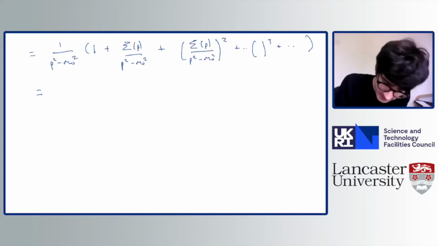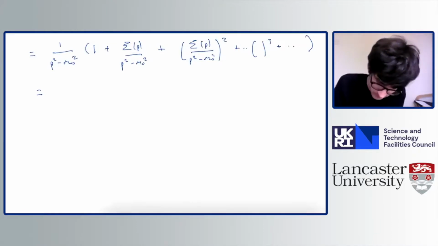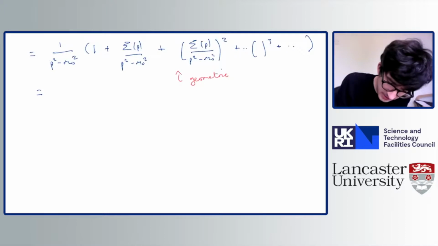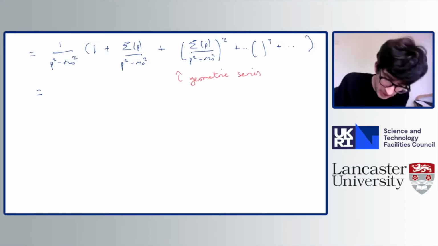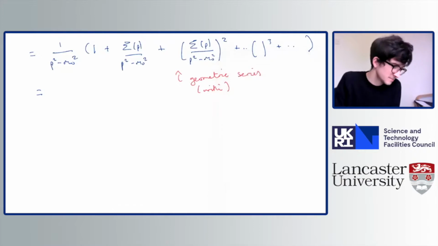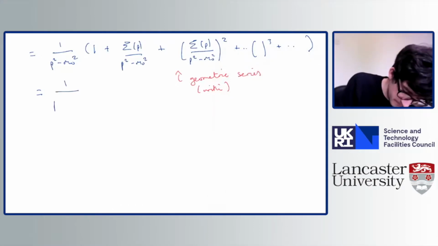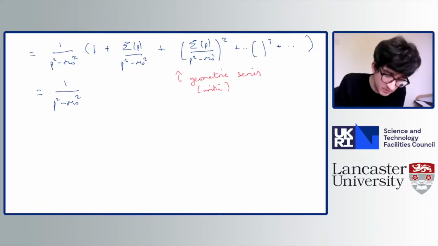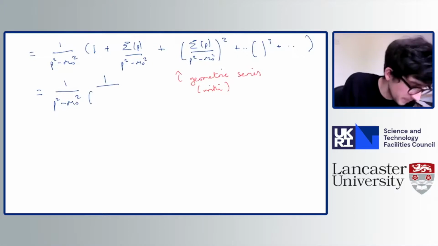Well, what is this? This thing here is a geometric series. So, you know, look it up on Wikipedia and you'll see that indeed it can just be summed. You know, the sum of n equals 0 to infinity of this series, one can just write down, and this is the form it has.